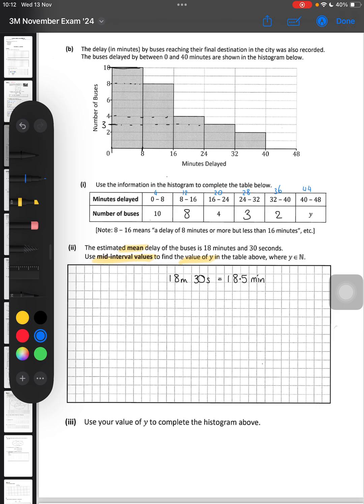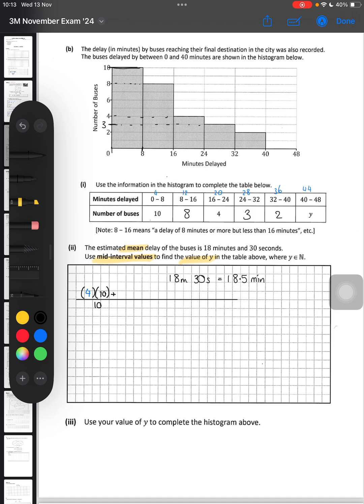Instead of writing that out, I'm going to use multiplication, which tells me that the number 4 is being counted 10 times. So I've counted for 10 of those buses.